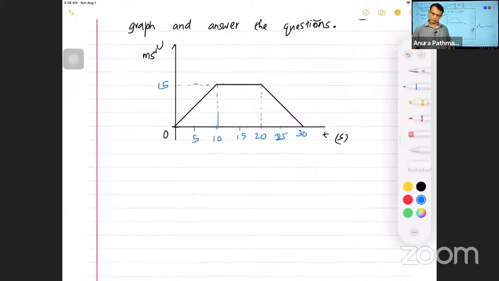My first question: what is the initial velocity?